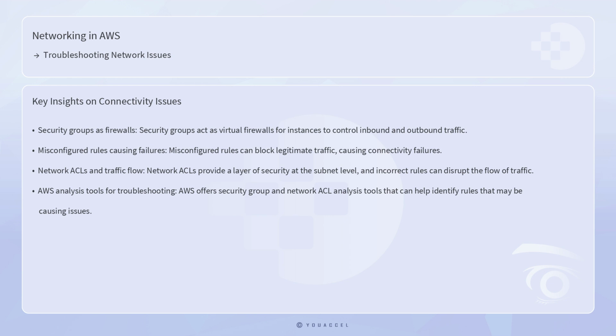Reviewing and updating these configurations is a critical step in troubleshooting. AWS offers security group and network ACL analysis tools that can help identify rules that may be causing issues. For instance, if an instance cannot communicate with a database, checking the security group rules for both the instance and the database can reveal if any rules are blocking the necessary traffic.